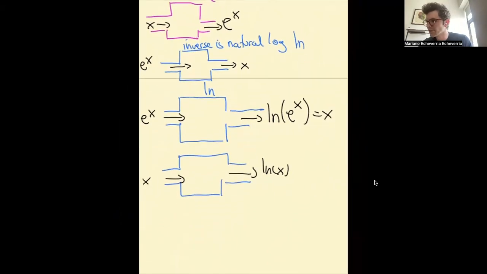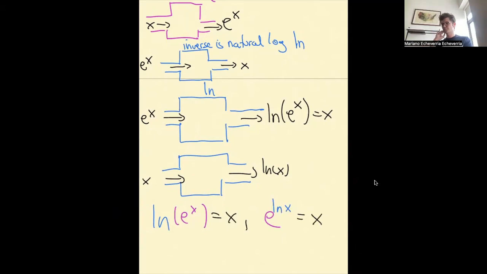So that's how you end up with this equation, which is very useful: ln of e to the x equals x, and also e to the ln of x is also x.